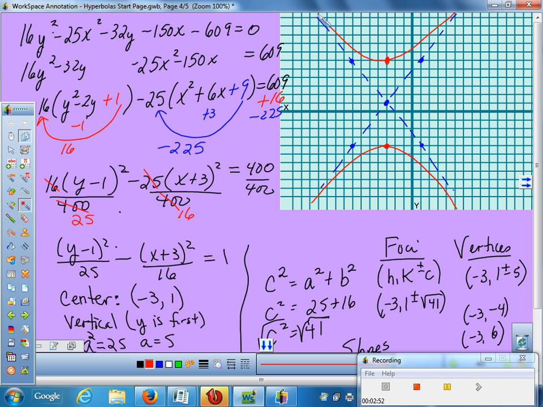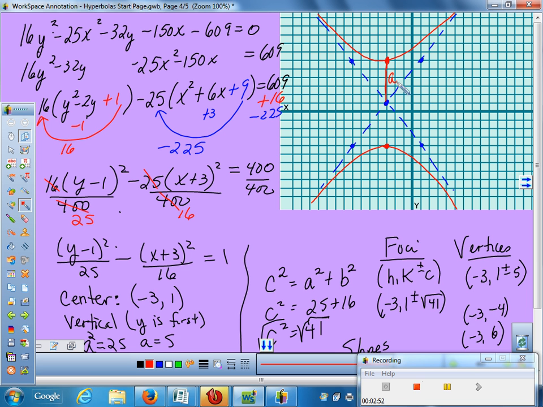The distance from center to a vertex is A. And so that distance has to be whatever A is. In this case, A was 5. You've already figured A. So I had to go 5 units out. And I went vertical because my y's were first. If it had been x's first, I would have counted 5 sideways.